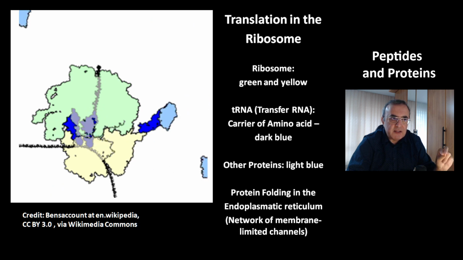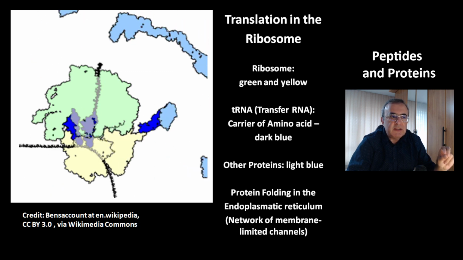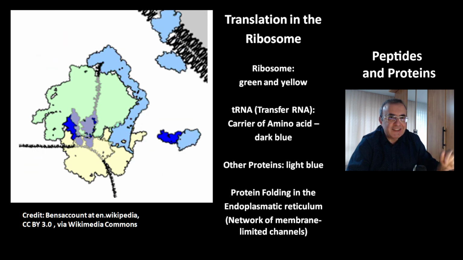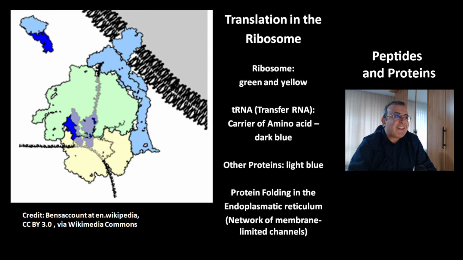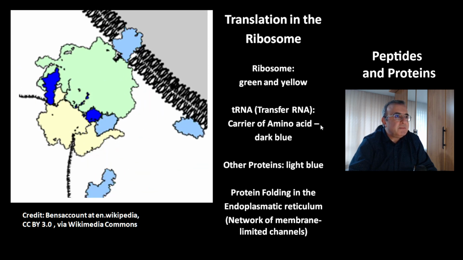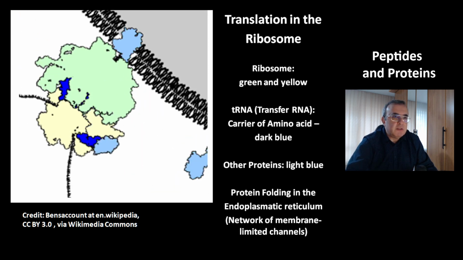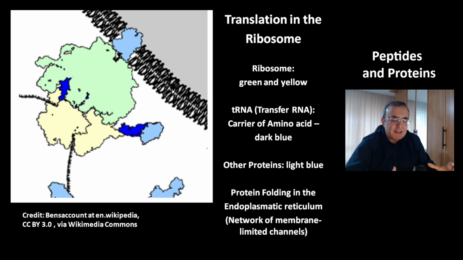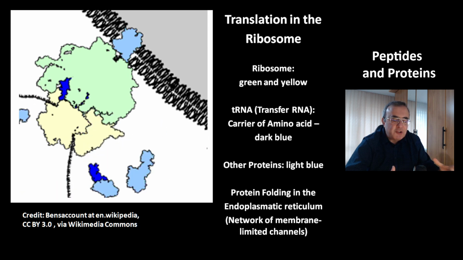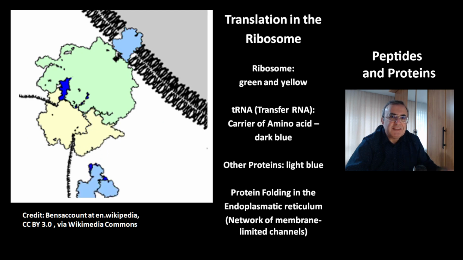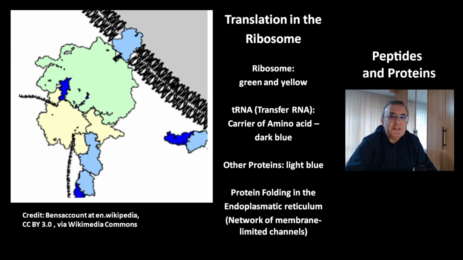Protein folding happens in the endoplasmic reticulum, which is a network of membrane-limited channels. You will see this soon in this animation. Here's the protein that's synthesized, and eventually it will come out. This is the product of 3.8 billion years of evolution that's made this machinery.